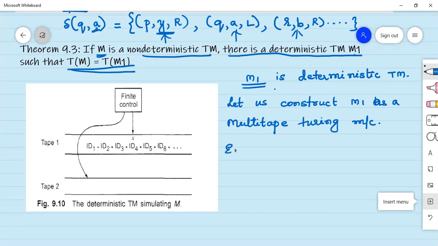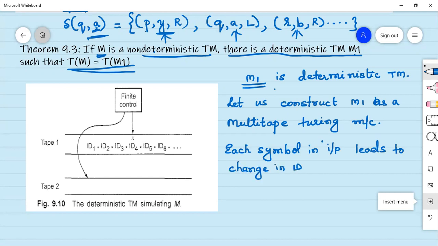So each symbol in the input leads to a new configuration, or you can say a change in ID. I'll call it a change in ID because it's represented as IDs over here.